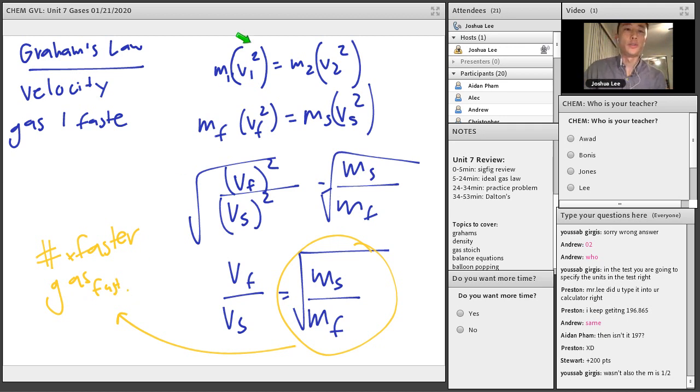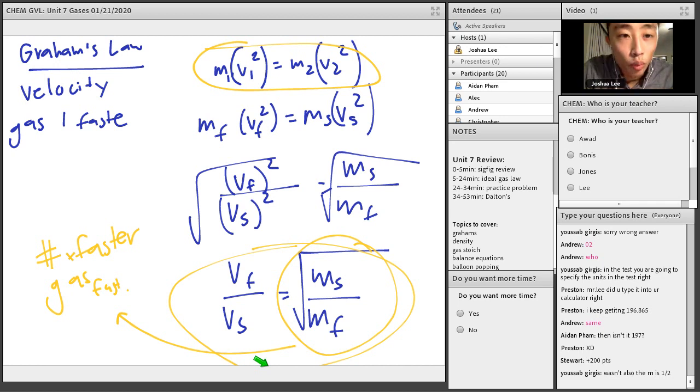So two different versions of Graham's law, 1 and then 2. So yeah, anytime something says velocity, that's definitely Graham's law. So now let's practice.